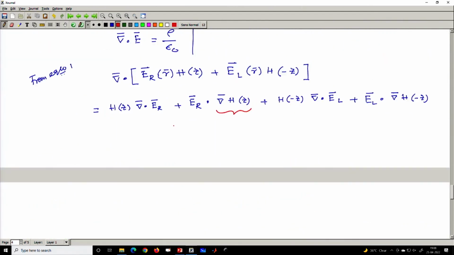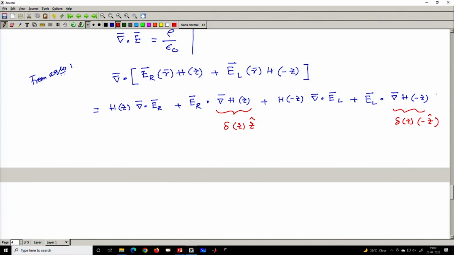Here the Heaviside function is a function of z only. So when we take the divergence, it eventually gives us the derivative, and that gives us the delta function at z with the unit vector. This quantity in a similar way gives us the delta function of z, but in the opposite direction, minus the z unit vector, because I have one negative sign.